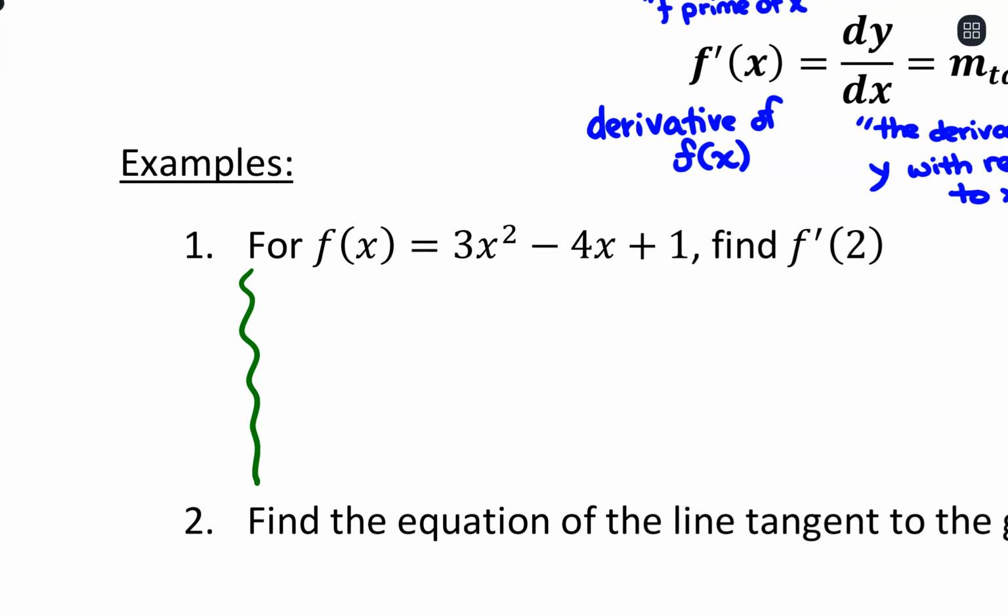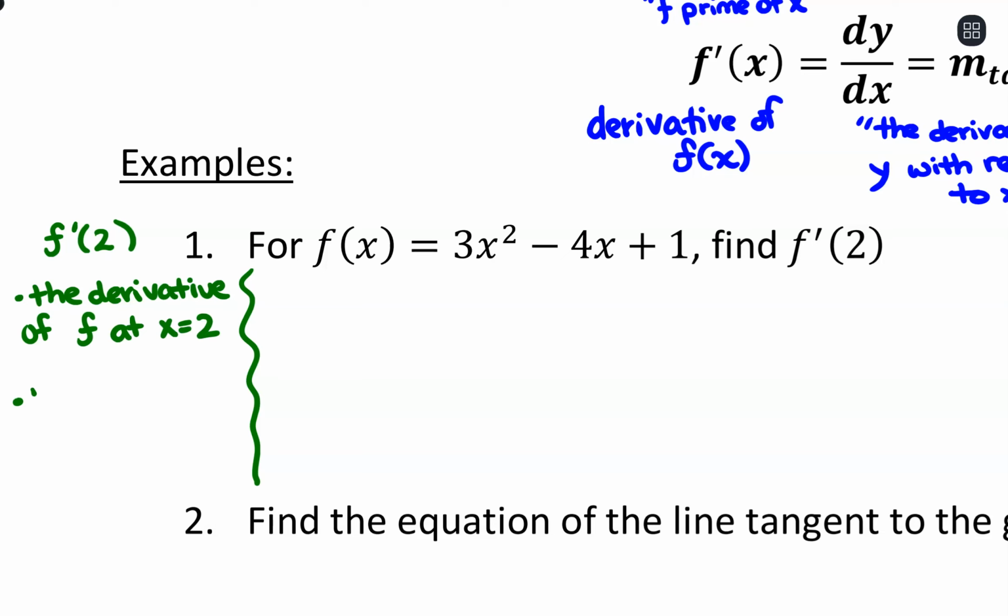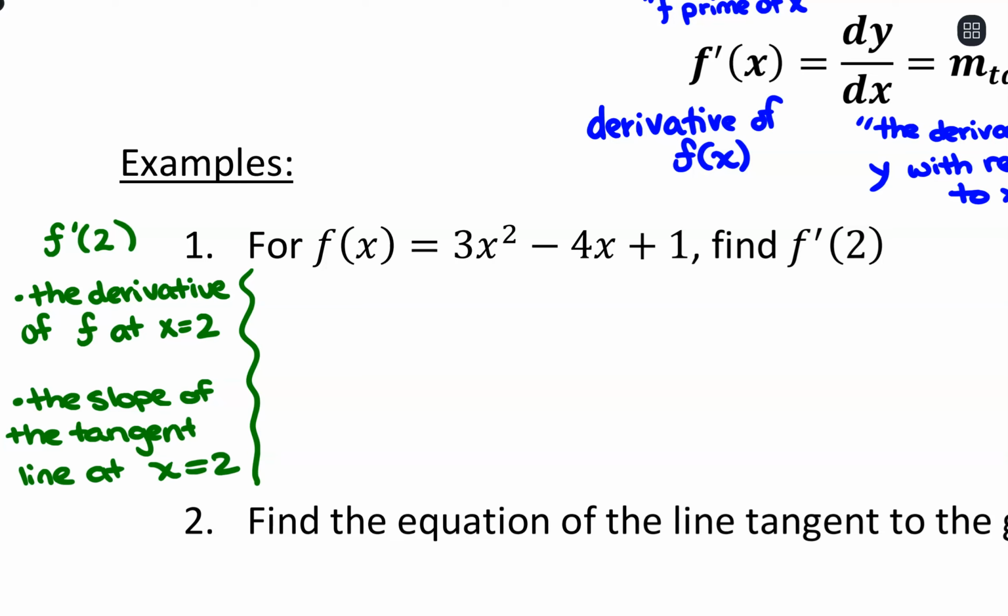So we have this function, so f prime of 2, this is the derivative of f at x equals 2. It is also the slope of the tangent line at x equals 2. So the idea being, if we graphed out this function and went to x equals 2 on our graph, we're trying to look at that tangent line and the slope of that tangent line.